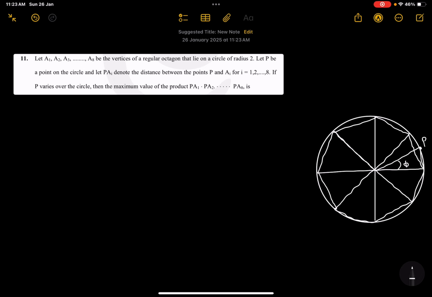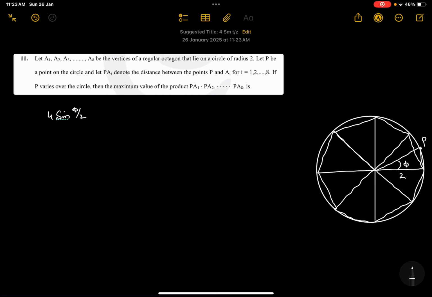So this distance becomes 2r sine phi by 2, and r here is 2, so it becomes 4 sine phi by 2.